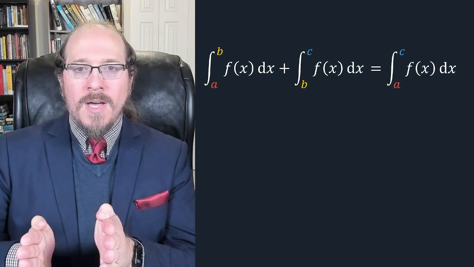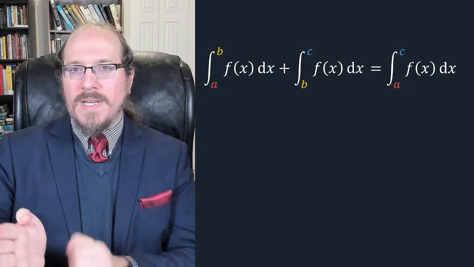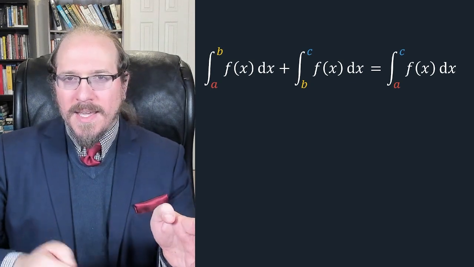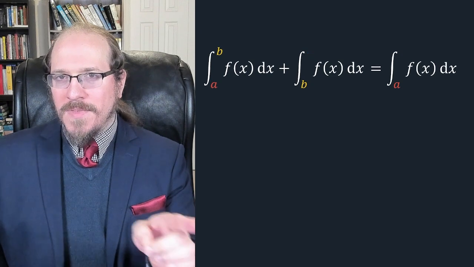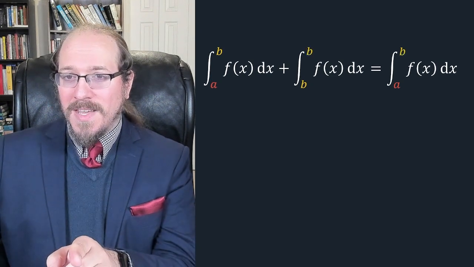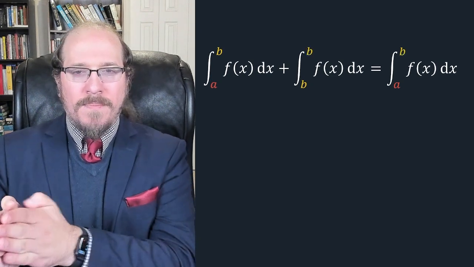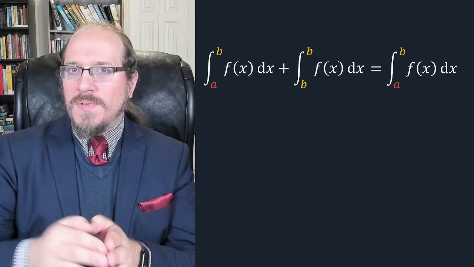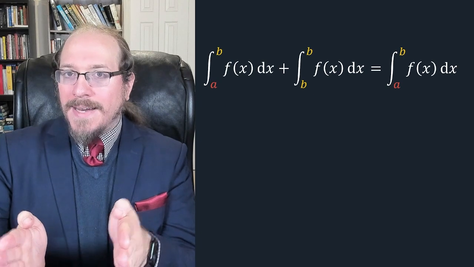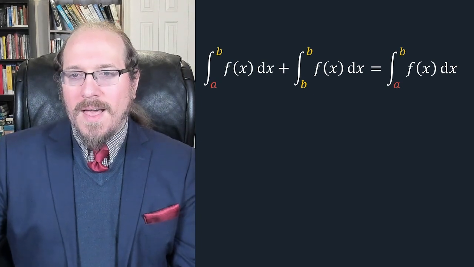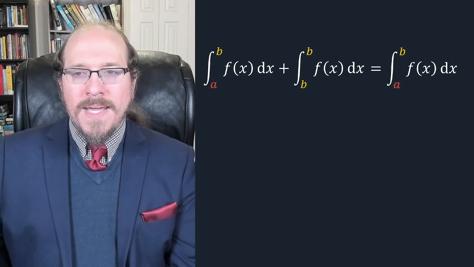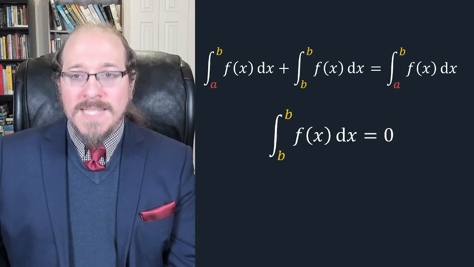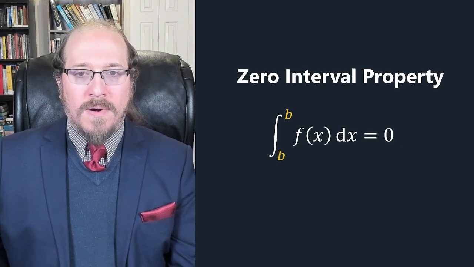Integral from a to b plus integral from b to c equals integral from a to c. Okay, what if we take c and replace it with b? So now we'd have integral from a to b plus integral from b to b equals integral from a to b again. It's unchanged. That means the integral from b to b has to be 0. And that's what we call the zero interval property.